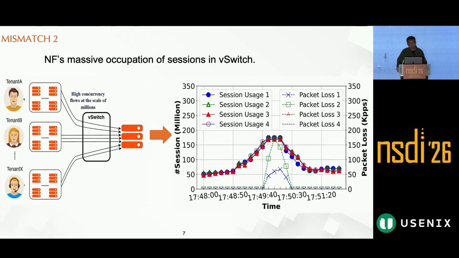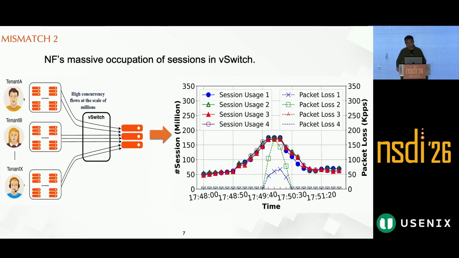Mismatch 2, session exhaustion. Load balancer type NF VMs face a similar problem. Microservices accessing backend storage and IoT devices connecting to VPC services generate massive bursts of short-lived concurrent flows, reaching up to 1 million concurrent sessions per second, and filling up the vSwitch session tables.